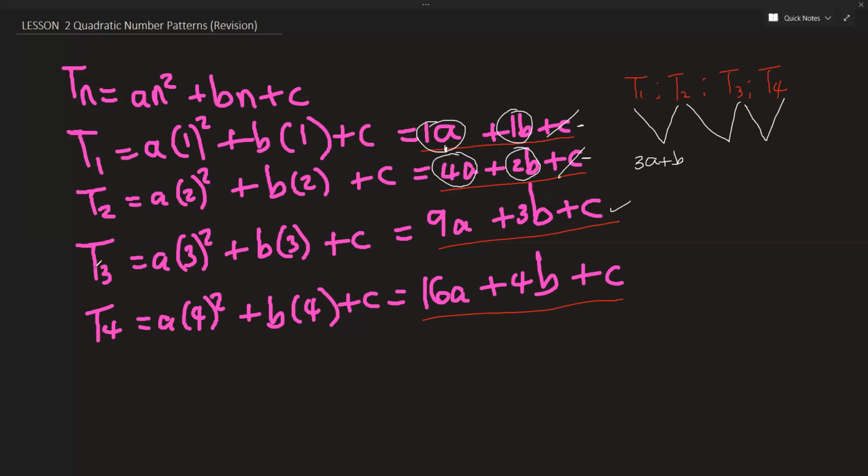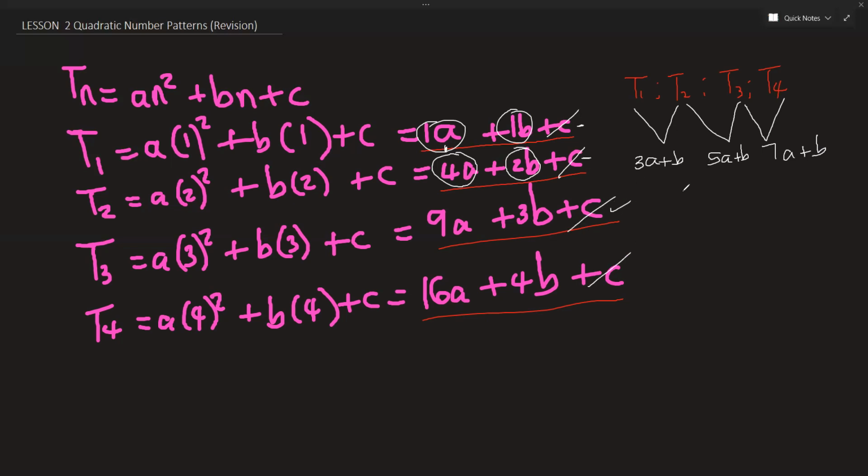Term 3 minus term 2: 9a minus 4a gives us 5a, 3b minus 2b gives us b, and the c still cancels. Then t4 minus t3: 16a minus 9a is 7a, 4b minus 3b is b, and the c's cancel.